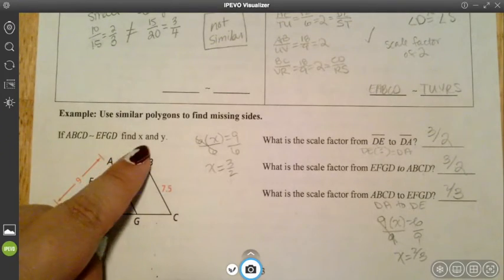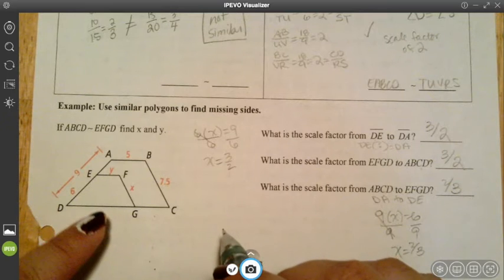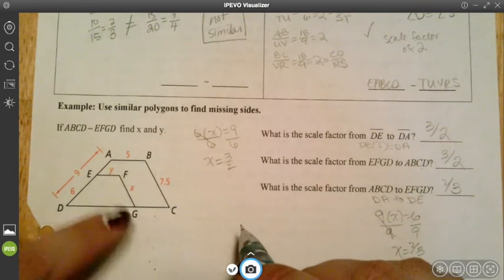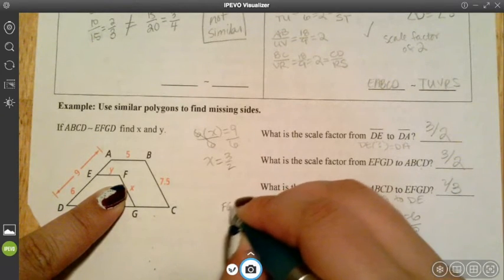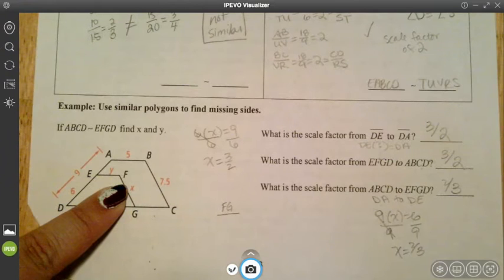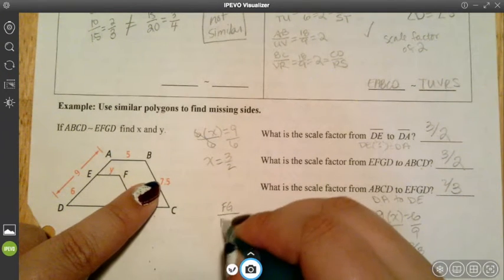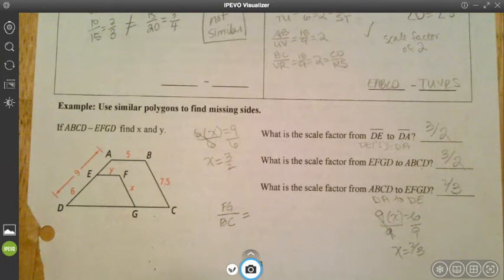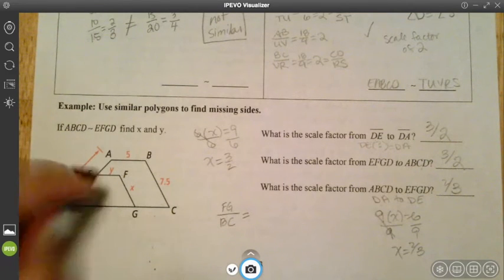But we also want to find x and y. In order to find x and y, we're going to set up proportions. I usually start by saying, what do I need to find? If we're finding x first, then FG is what we're looking for, over what does it correspond to? FG corresponds to BC. Then which pair of sides do we have all the information for? I can't pick these ones because there's a variable. I can't pick these ones because there's no information there.